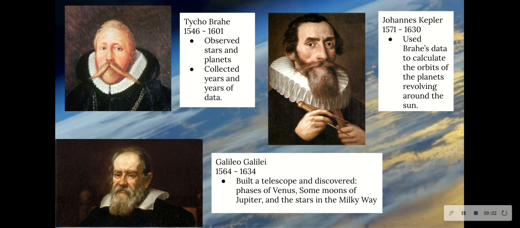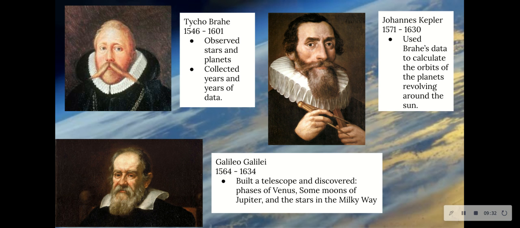We also have Galileo Galilei. He is from 1564 to 1634. He built a telescope and discovered the phases of Venus, moons of Jupiter, and the stars in the Milky Way. So the first telescope came out, and everybody was so hyped about it.